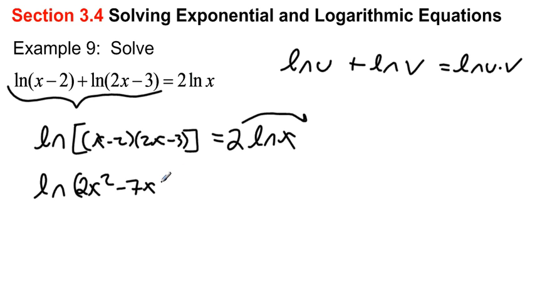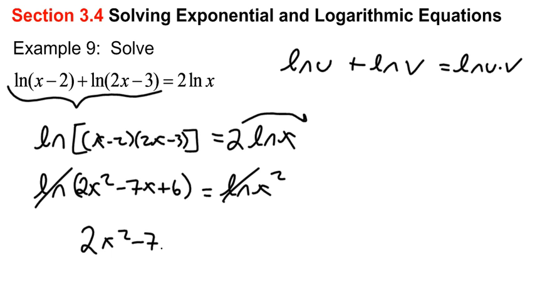And then negative 2 times negative 3 is a positive 6, which is equal to the ln of x to the power 2. So now, since we're taking the natural log of both sides, we get 2x squared minus 7x plus 6 equals x squared.